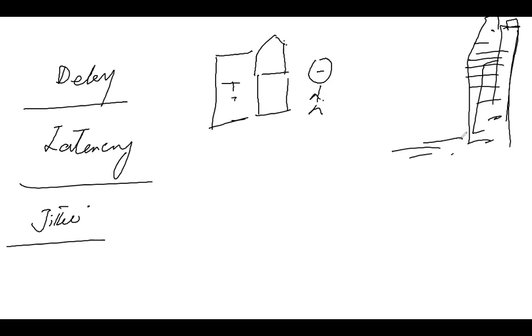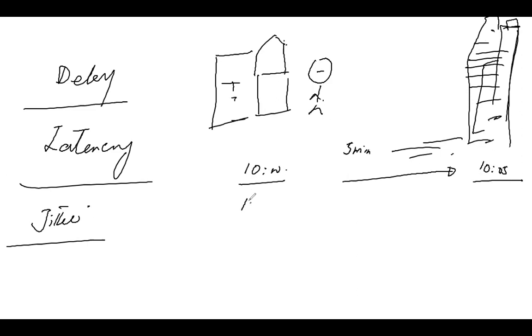So for example, if this student starts traveling at 10 a.m. and he reaches here in a normal scenario at 10:05, it means the normal time to reach this is 5 minutes.